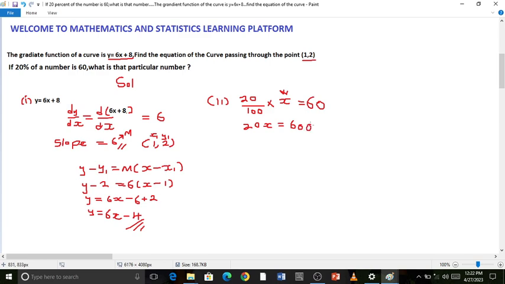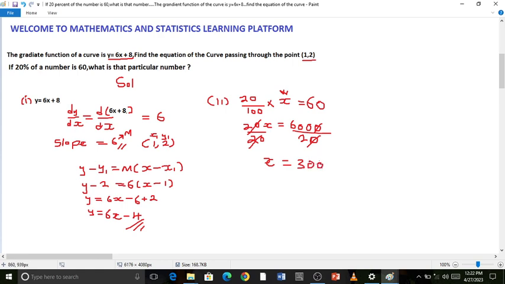You divide both sides by 20 so that we apply the cancellation rule. 6,000 divided by 20 gives you x is equal to 300.